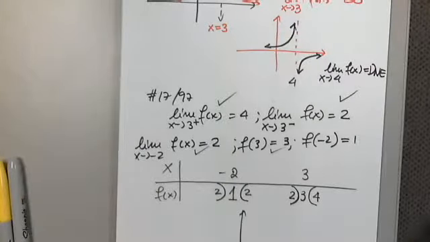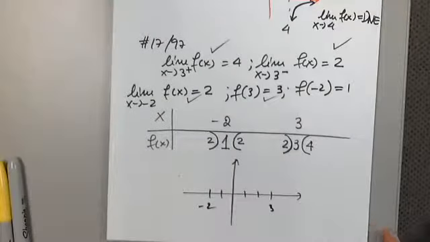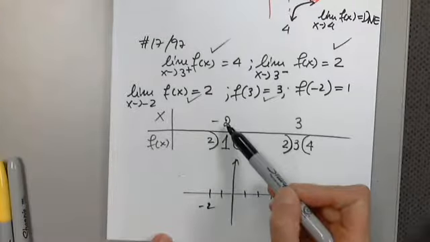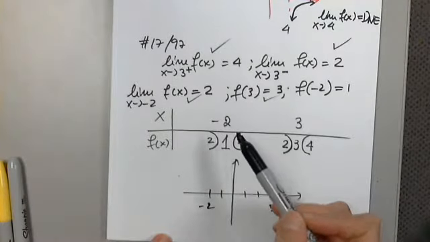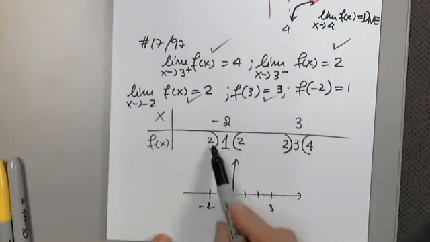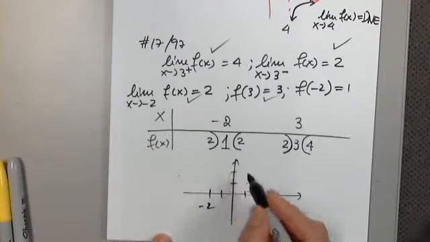I will look at -2 and +3, and I will put the values that I have in my chart. It says as x approaches -2 from either side, the value is 2. Okay, fine.